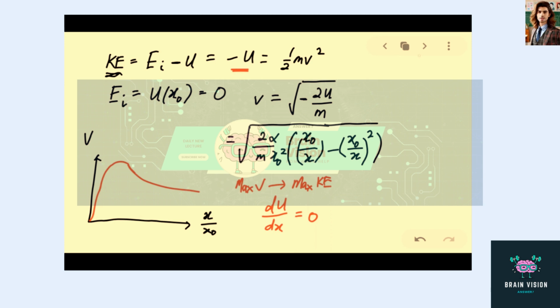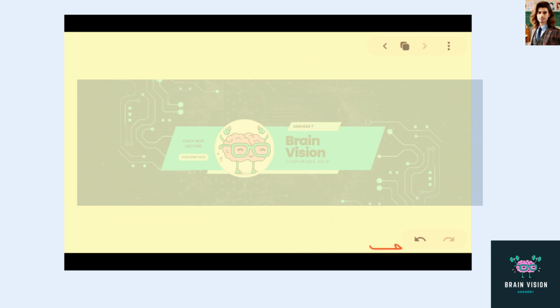So we just have to differentiate our potential energy expression with respect to x, and this is our expression for dU/dx.